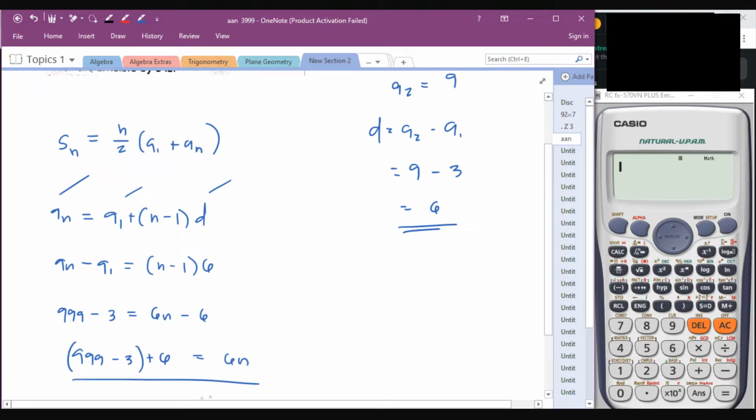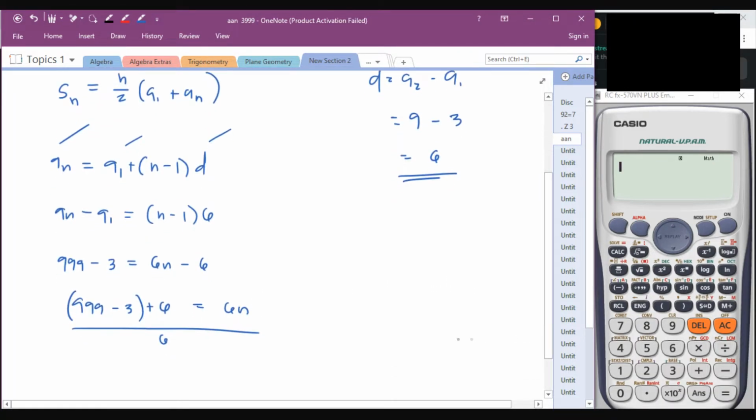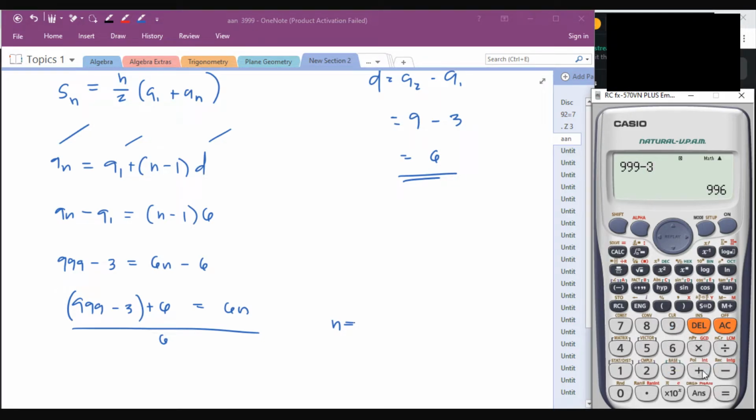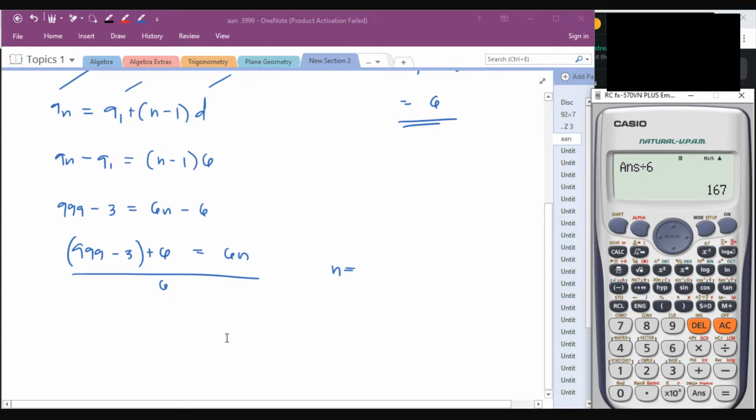Divide natin ng 6. Very very challenging yung mga ganitong problem. So, n is equal to, ayun na, dumudulas yung aking pad. So, 999 minus 3 plus 6 divide by 6. The answer is n is 167 terms.